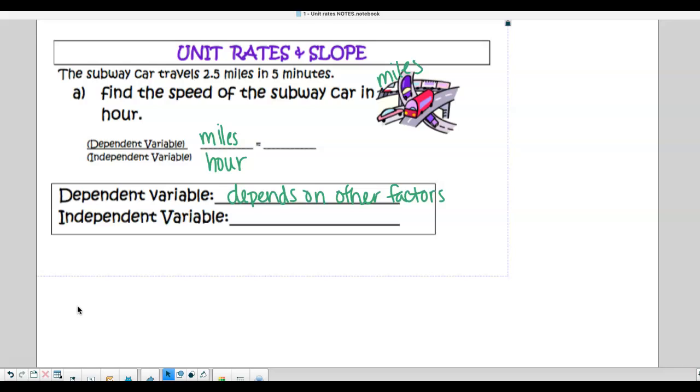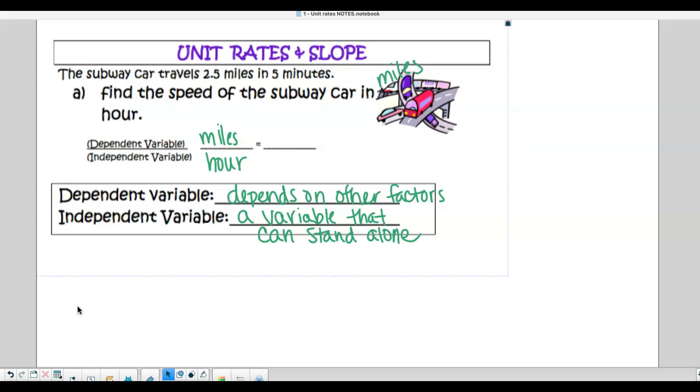Independent variable, a variable that can stand alone. It's independent. It can be by itself. It doesn't need any other information with it. Okay? So when I say the hours is independent, time just keeps moving on its own, right? The miles depend on how long you've been driving. Would you agree with that?